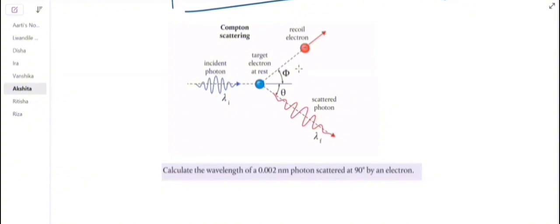Okay, so moving ahead, we have the next chapter, and that is radioactive decay. Let's start with that.